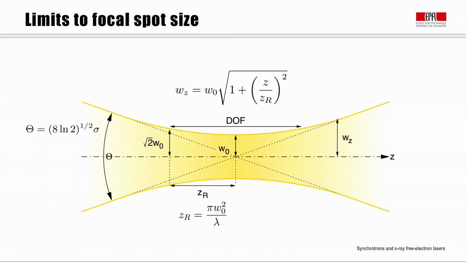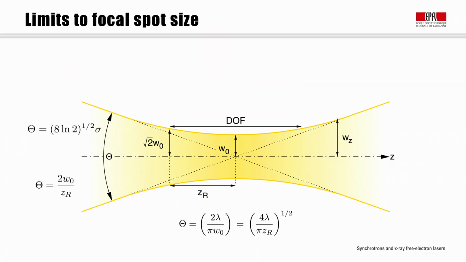The beam radius WZ at a distance z from the beam waist is given by WZ equals W0 multiplied by the square root of 1 plus z upon ZR squared. From this, it can be demonstrated that the full width half maximum divergence, big theta, is related to W0 and ZR by theta equals 2W0 divided by ZR.